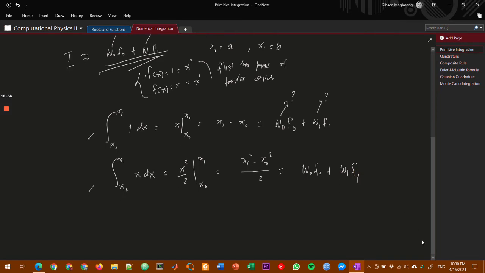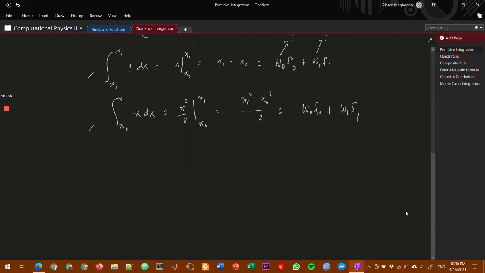Our goal is to determine the two unknowns w naught and w1, so we need two equations. We're okay, we have two equations, this one and this one. So let's rewrite. How do we solve for the unknown w naught?